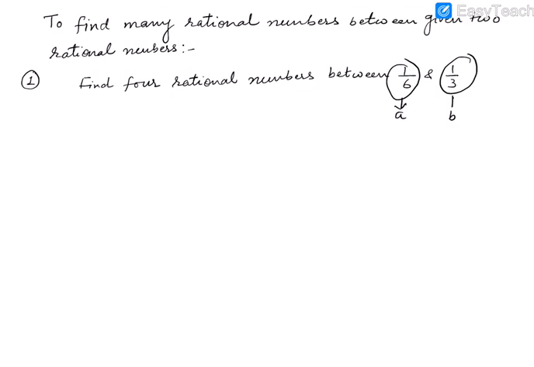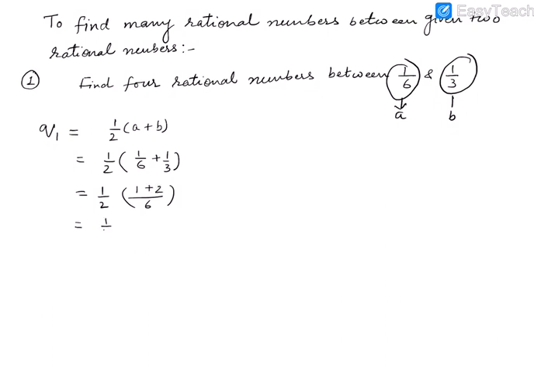We can write that the first rational number Q1 is half of A plus B. So what is A? Half of 1 by 6 plus 1 by 3. We'll take the LCM, which will be 6. 6 divided by 6 is one time, and 2 times.